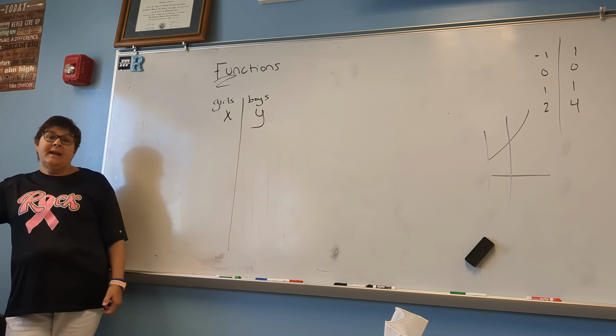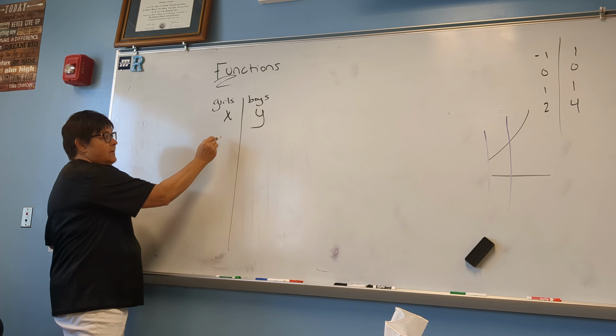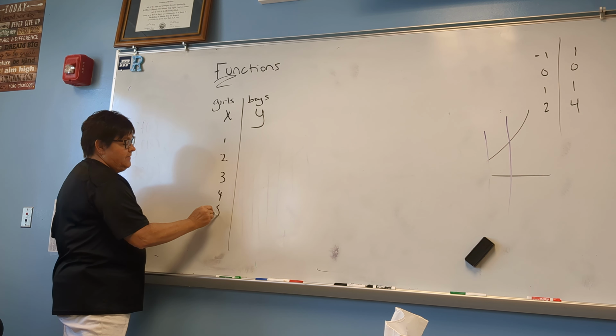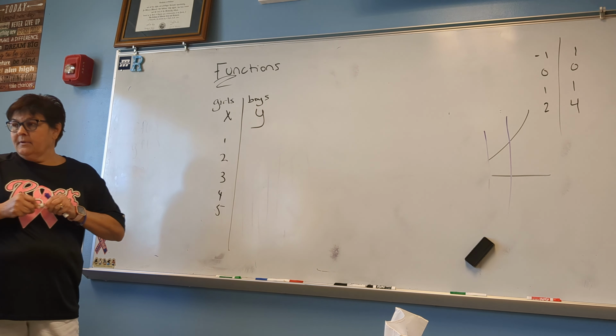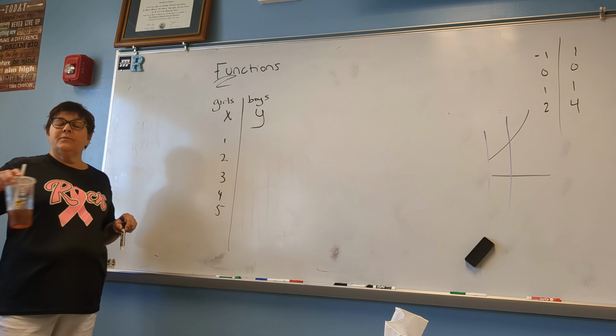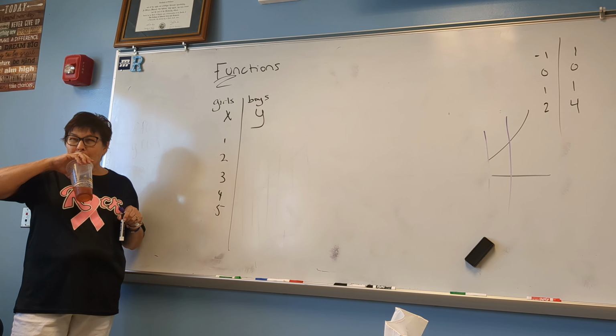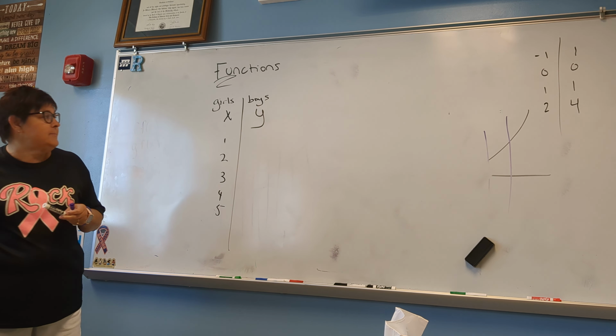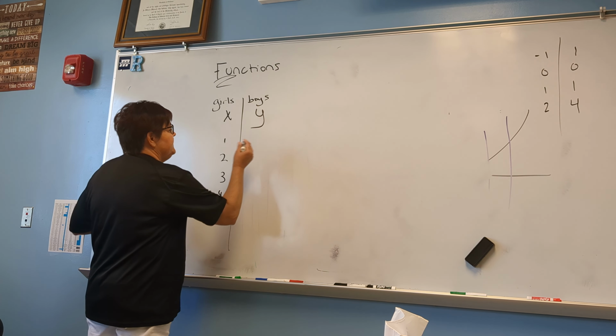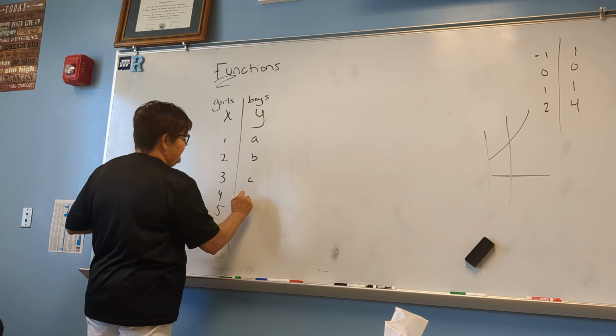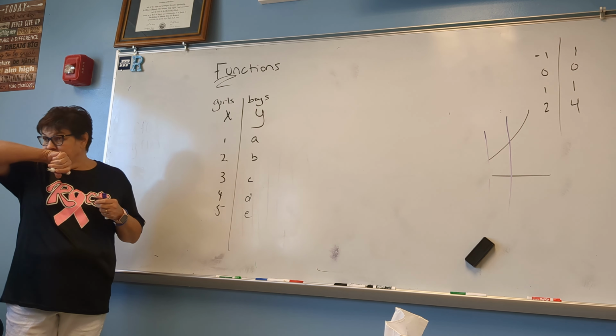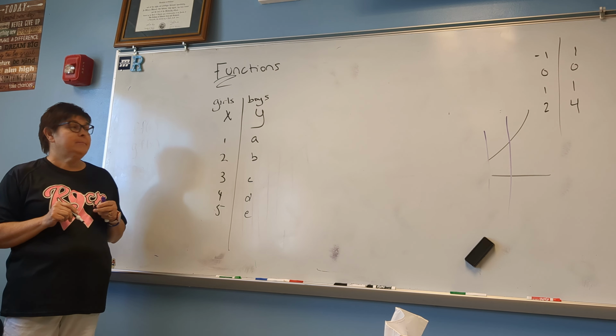And I'm going to tell you the names of x are going to be 1, 2, 3, 4, and 5. So the girls' parents were very, very clever. 1, 2, 3, 4, 5. The boys' names are A, B, C, D, and E. Okay, very cool names as well.